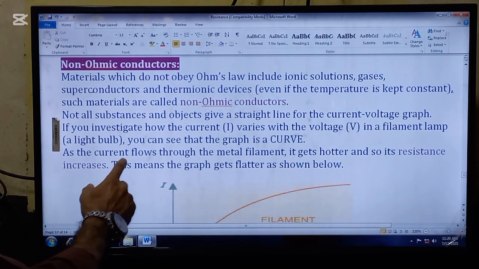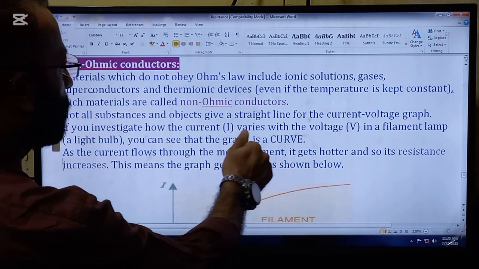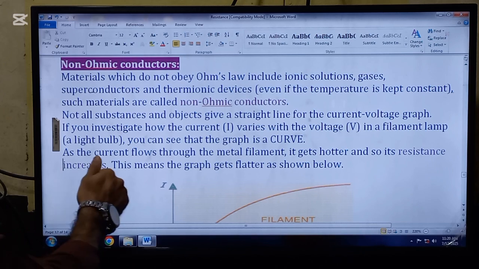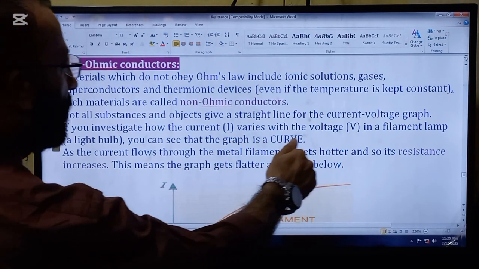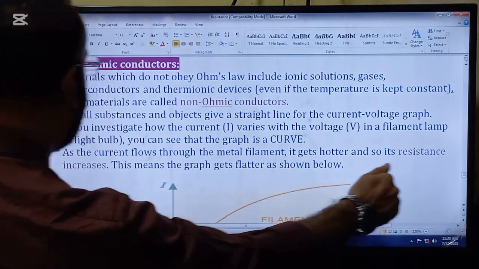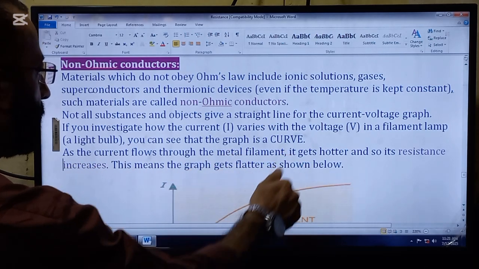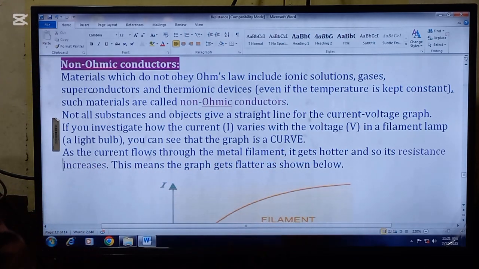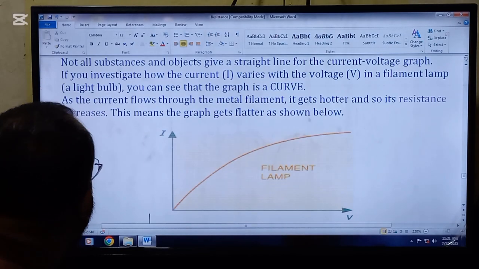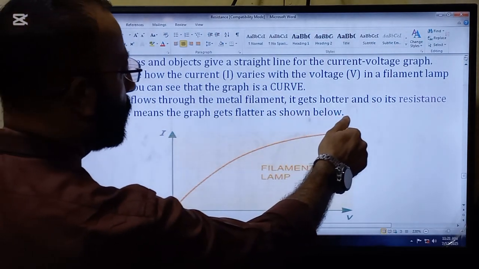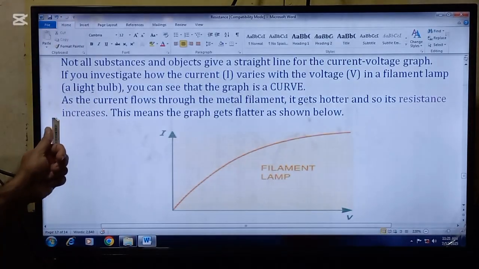Not all substances and objects give a straight line for the current-voltage graph. If you investigate how the current I varies with the voltage V in a filament lamp, a light bulb, you can see that the graph is a curve like this. As the current flows through the metal filament, it gets hotter, so its resistance increases.